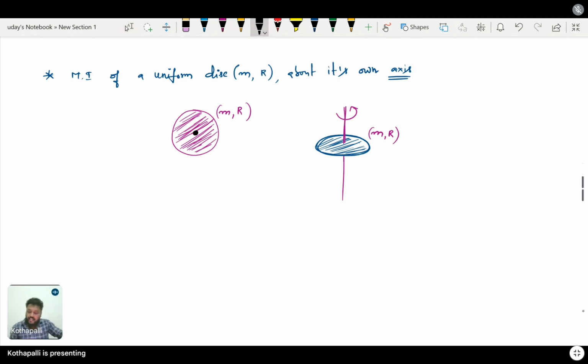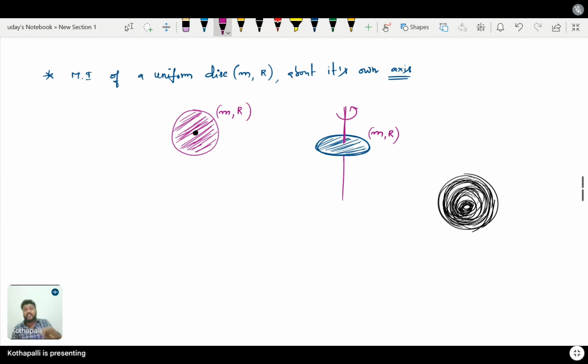So what I feel here is if I take a disk as the combination of so many rings of different radii, one ring's moment of inertia I'll pick somewhere in this disk part, and then I'll integrate from starting limit to ending limit. That is what I'm going to do.